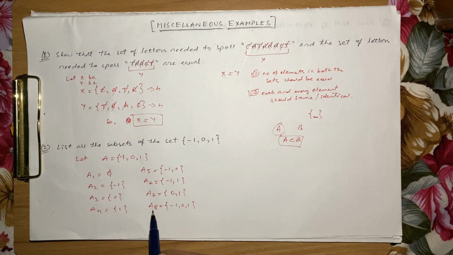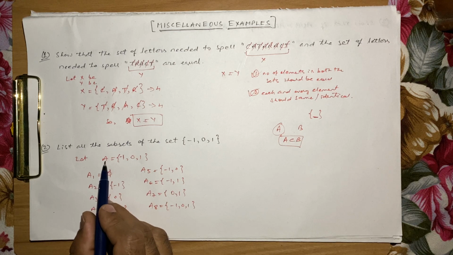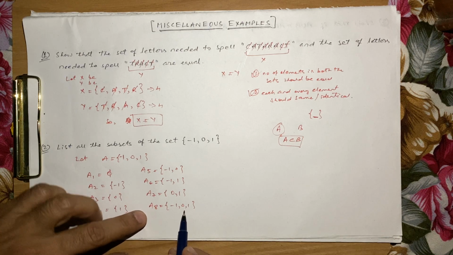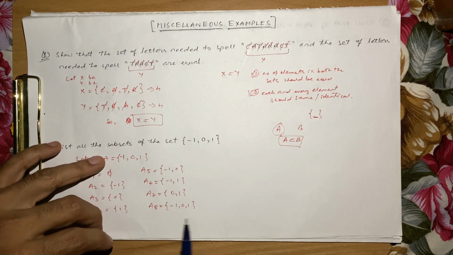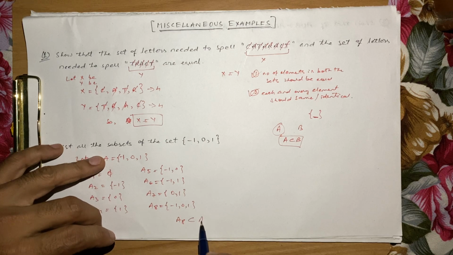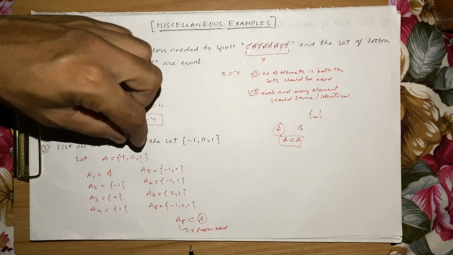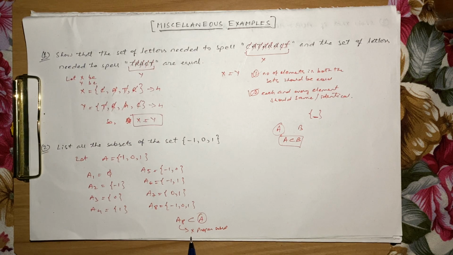Now if you notice, A8 is not a proper subset of A, because A8 is a set that has three elements and all three elements are present in the set A also. So A8 is a subset of A, but it is not a proper subset. Why? Because to be a proper subset, this set A should have some extra elements also. It should be bigger.